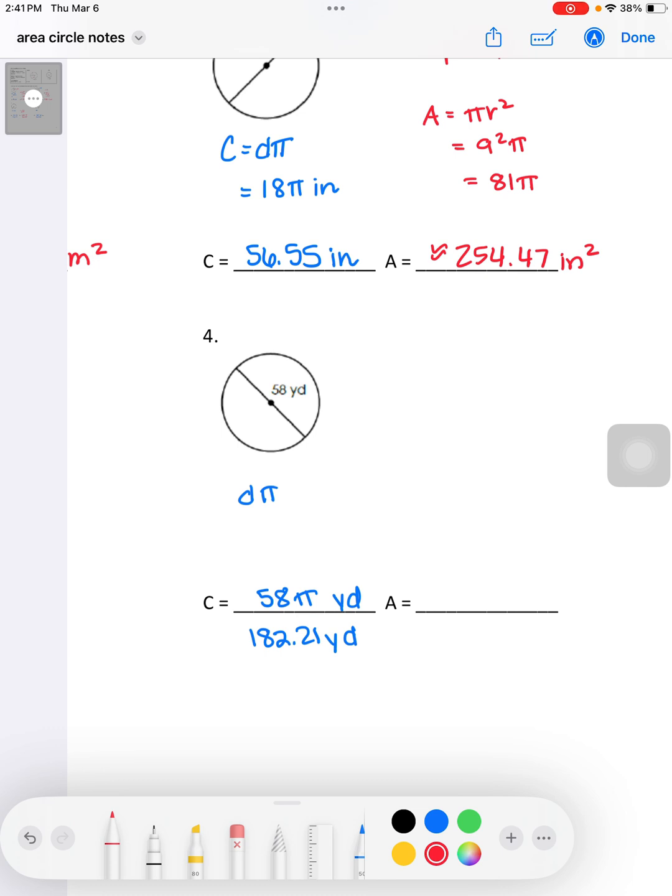To get the area, you need the radius, which is 17.5. So in terms of pi, 17.5 squared is 306.25 times pi. And then if you multiply that out, you get 962.11 square kilometers.